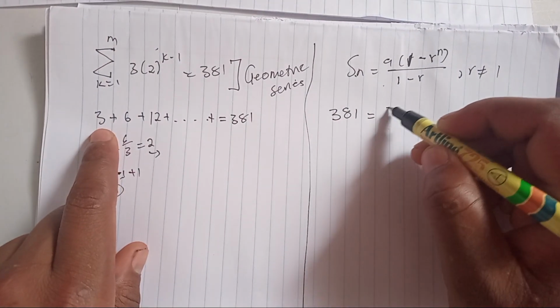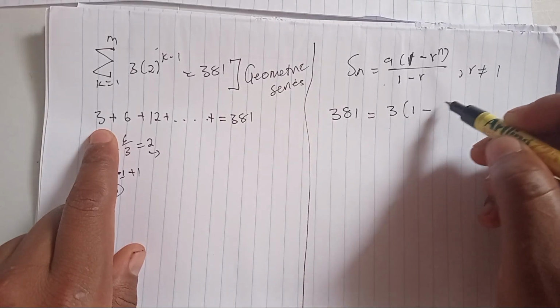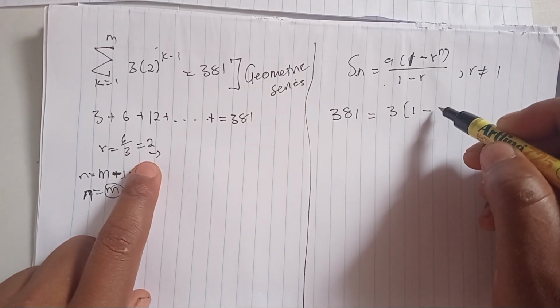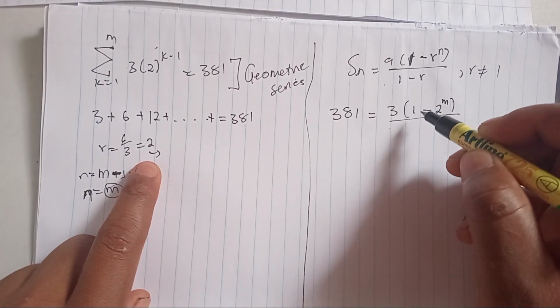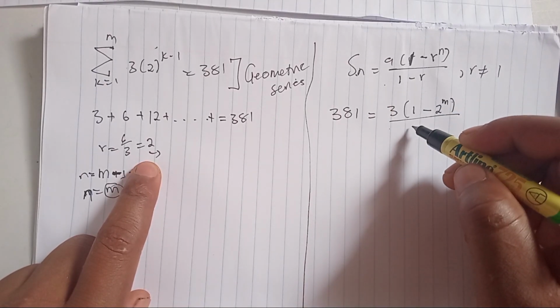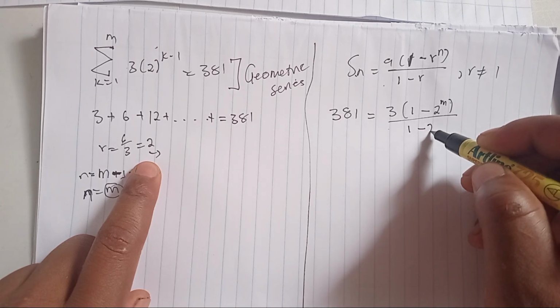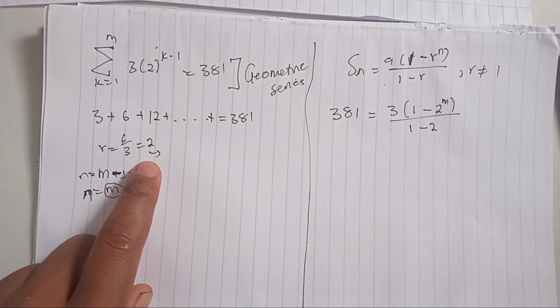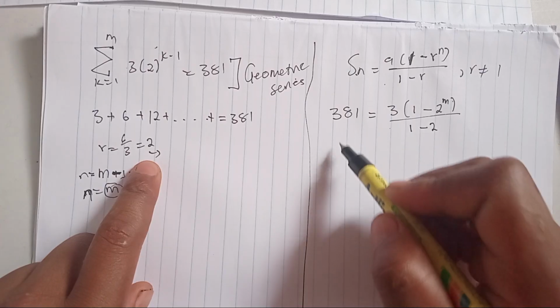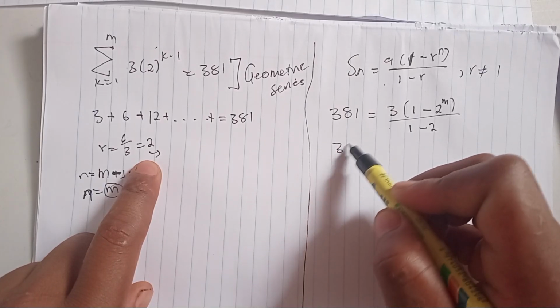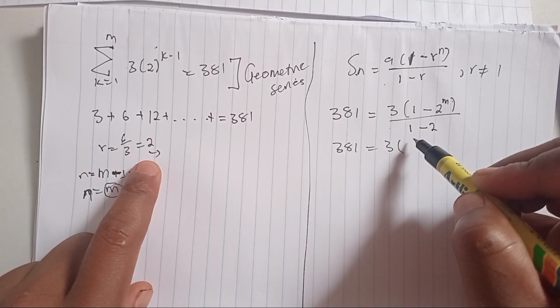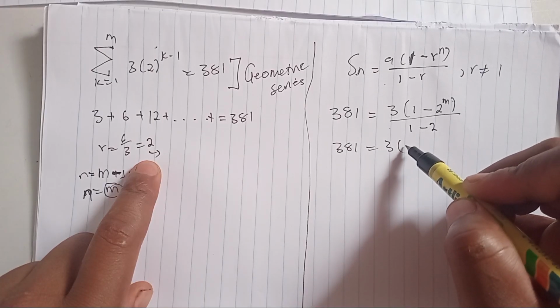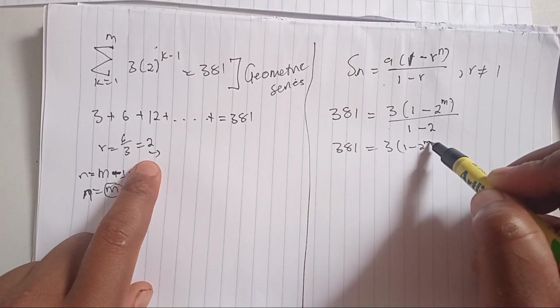Our first term is 3. 1 minus the R, which is 2, exponent M, and then we divide the very whole thing by 1 minus 2, and then from there we solve for M. This one will be much easier, and then we're going to have 381 is equivalent to 3 into 1 minus 2 exponent M.